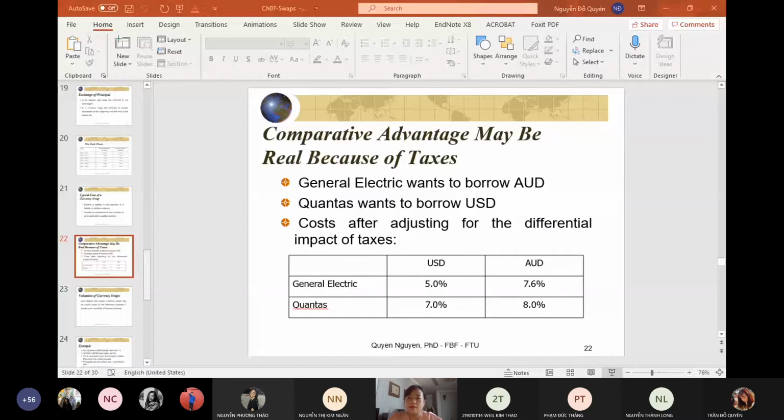Yes, so basically, this is the result that we want to have at the end of the swap contract.